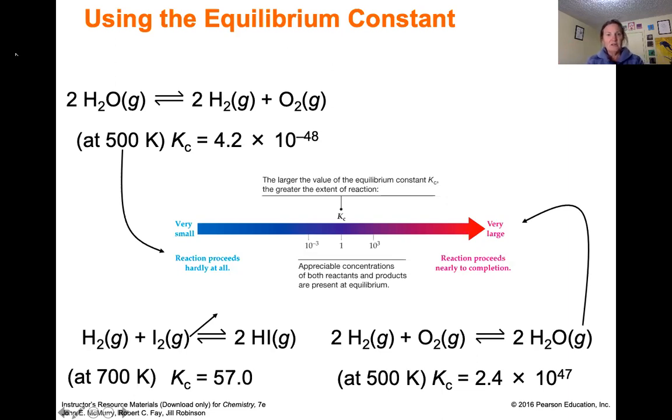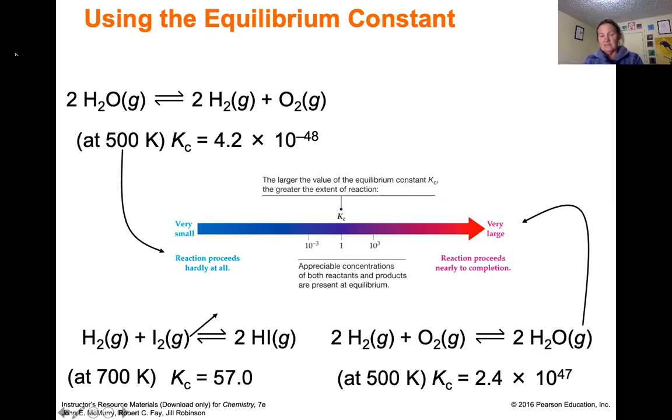So a really small equilibrium constant means you have mostly reactants. Then you have something in the middle, like in the lower left-hand corner, hydrogen and iodine going on to hydrogen iodide, equilibrium constant 57. That means you have a fair amount of both reactants and products when you reach equilibrium.